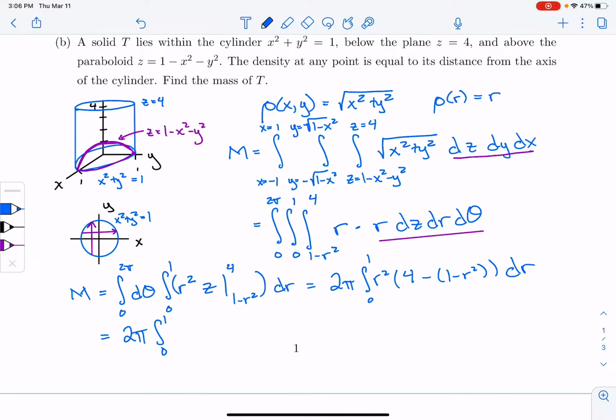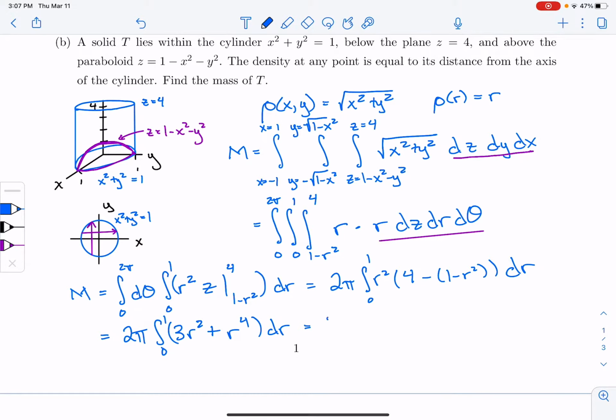I get 4 minus 1 is 3, so I'm going to integrate 3r squared, and then plus, because I've got 2 minus signs there, that becomes a plus r squared, so this is going to become plus r to the 4th. And I want to integrate that dr.